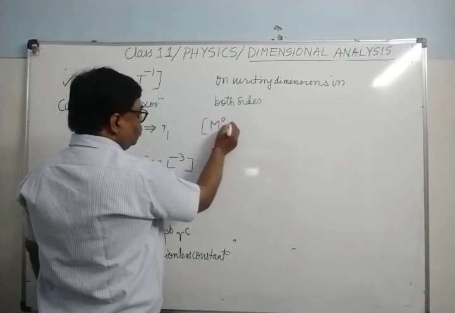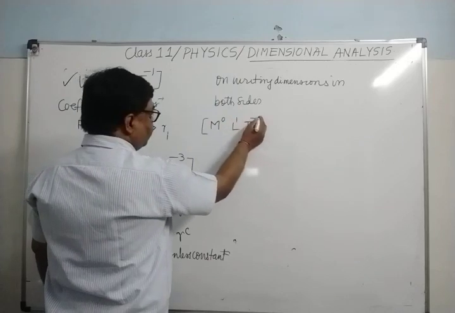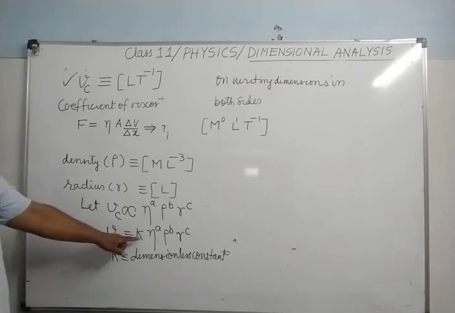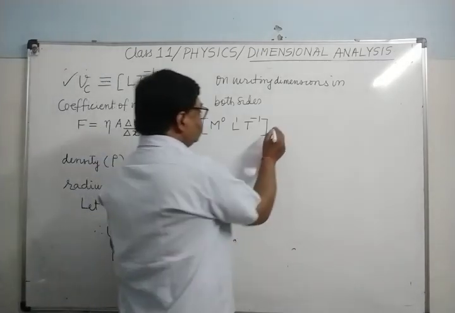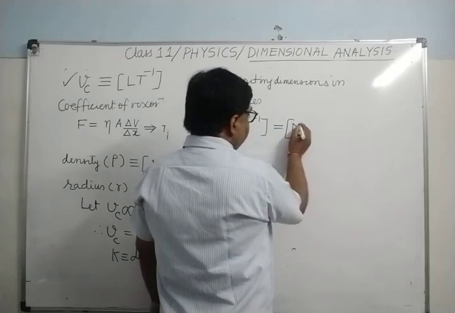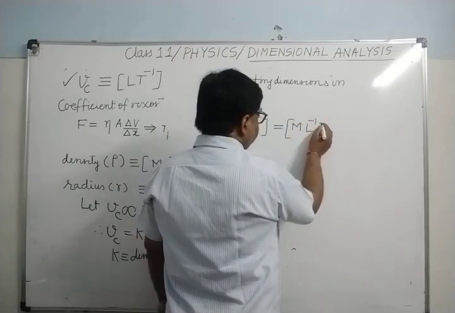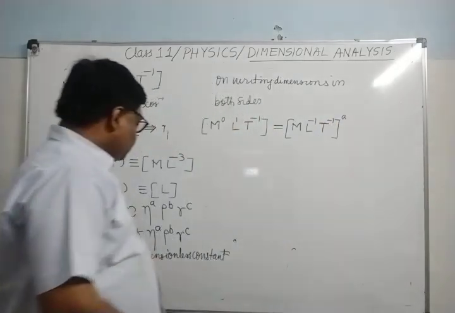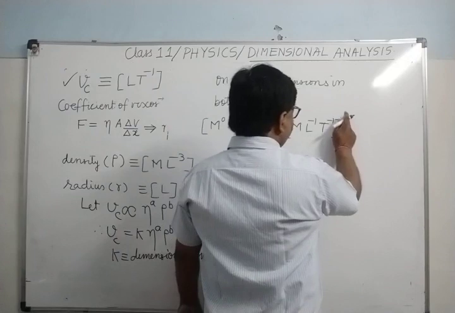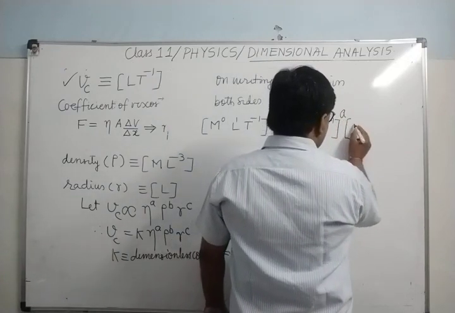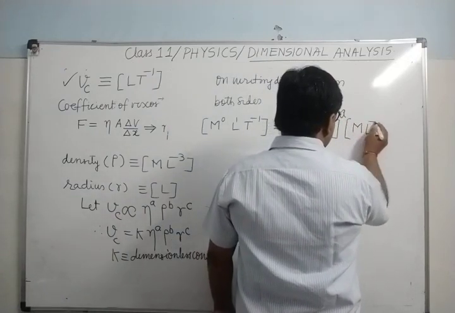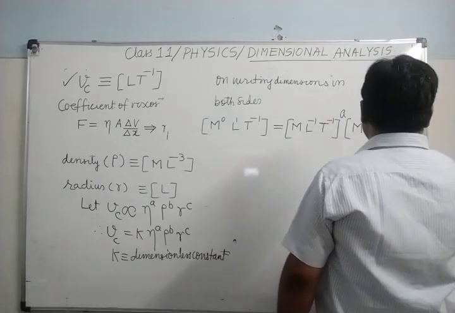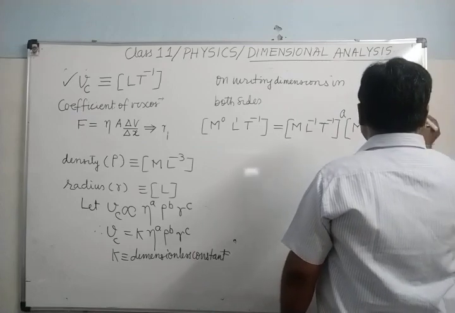So M power 0, L power 1, T power minus 1. K is dimensionless, no dimension. Eta is ML minus 1 T minus 1, power a. Rho, ML minus 3, power b. And r is L power c.